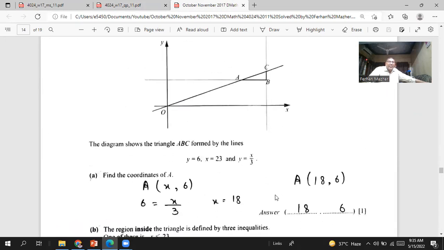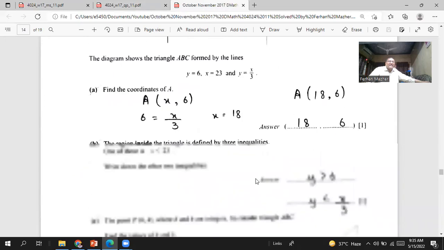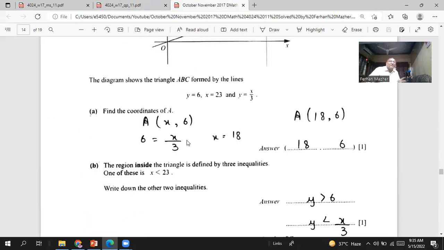If you put x as 23 here, it will be 7 point something. So you have to take a value. Suppose the maximum value is 7 point something.